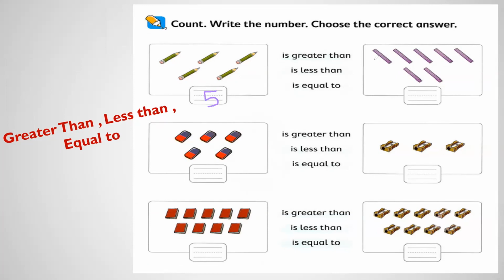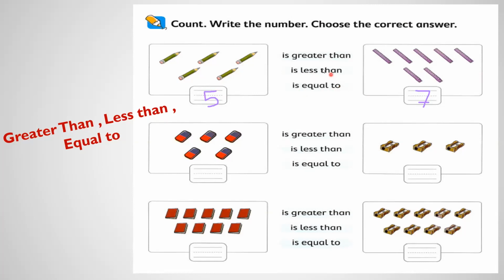What about the rulers? 1, 2, 3, 4, 5, 6, and 7. They are 7. Now, number 5 is what? Is it greater than, or less than, or equal to 7?